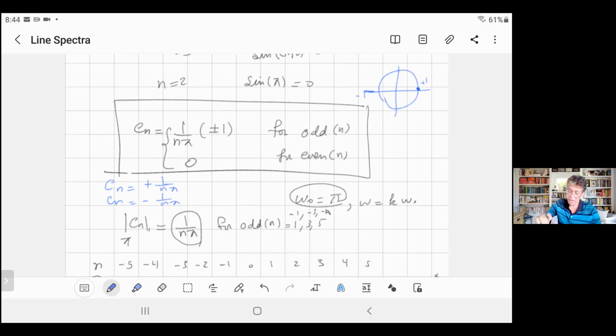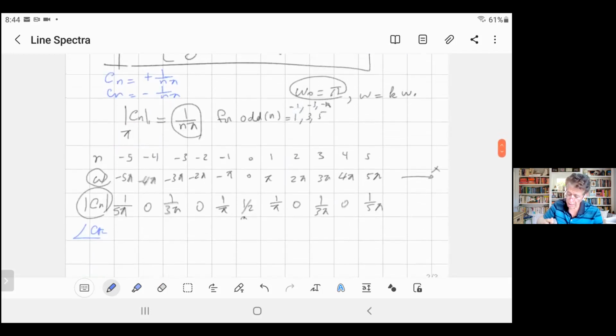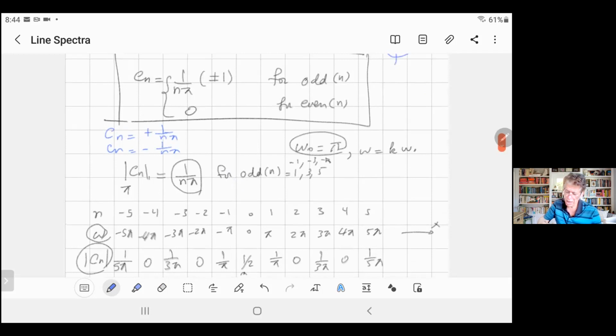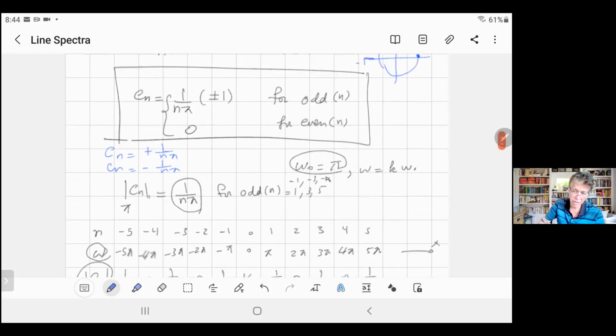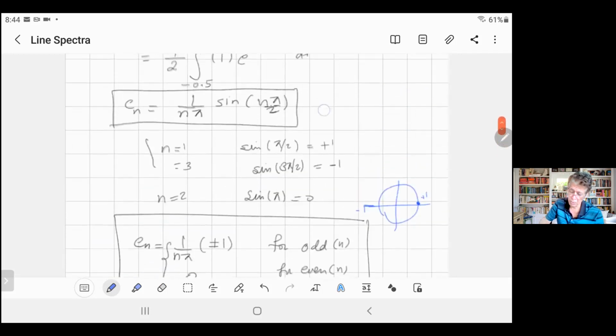All right. So now, when you look for the Ck, I can add one row here and put the value of Ck, all of it. I have the formula in front of me here. When n is odd, positive or negative, just let me remind you, we did that before.